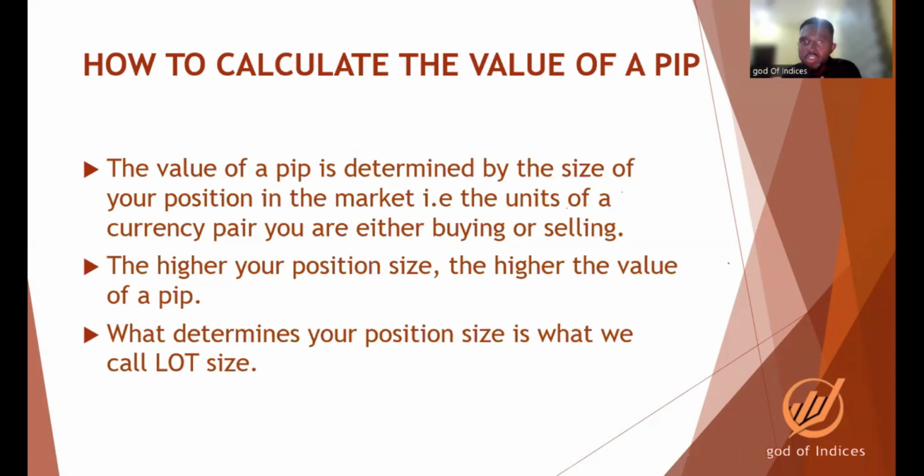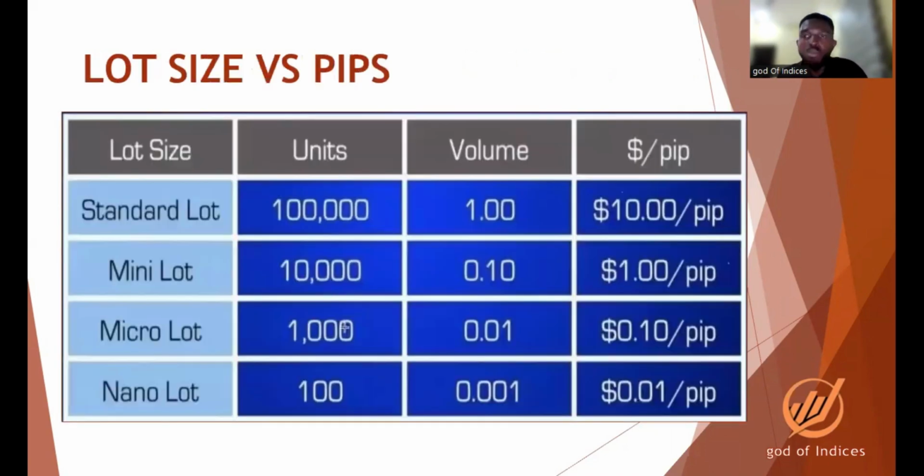So the higher your position size, the higher the value of a pip. What determines your position size is what we call lot size. Lot size talks about the volume or the units of currency you are placing in the market. Remember when we started, I made mention of an analogy of the bureau de change guy that you go to change your dollar.